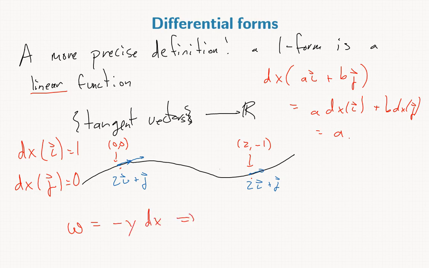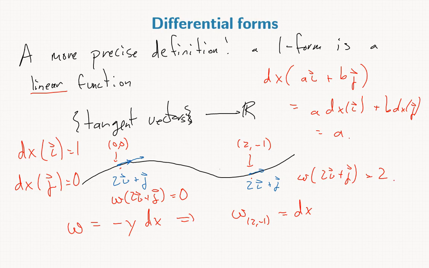Then here omega of 2i plus j would be 0. But at 2, -1, omega is dx, so here omega would send 2i plus j to 2.